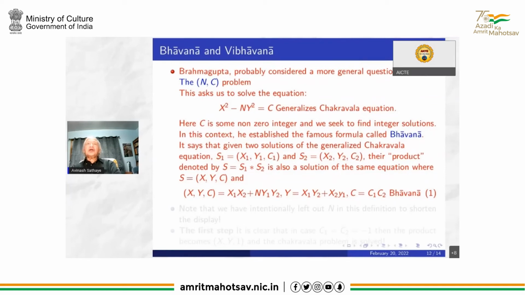Their product, denoted by S equal to S1 star S2, is also a solution of the same equation, where S is given as x, y, c, and the formula for x is simply the product of the x's plus n times product of the y's, and y is the cross products of x1, y2 plus x2, y1, and c is just the product of c1, c2, the two numbers here. Note that we have intentionally left our n out of this definition to shorten the display.